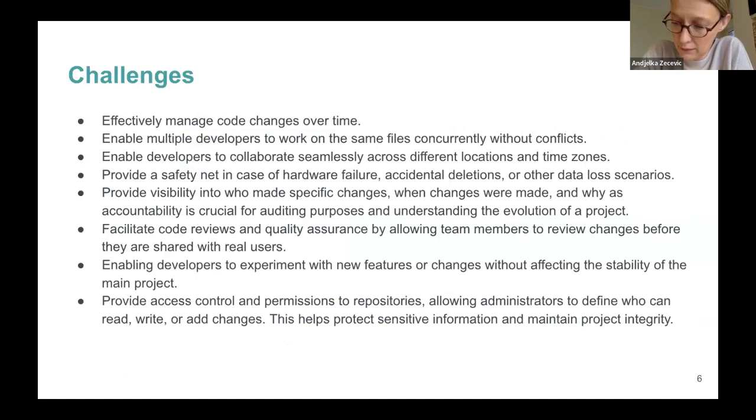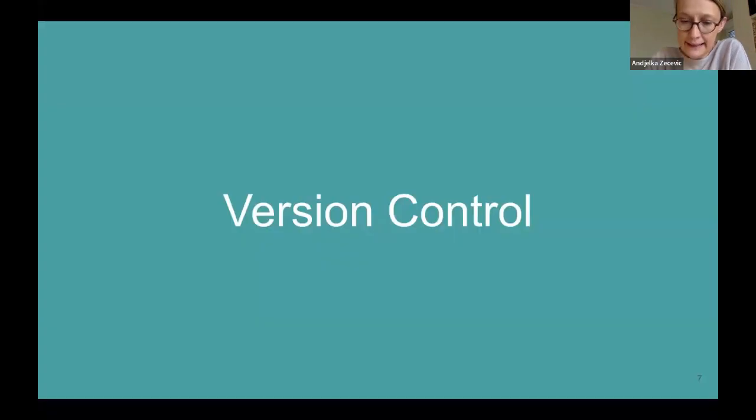And there are more challenges if the code gets bigger and if the team gets larger, and therefore we need tools and methodology that can support us in these ambitions, and that is the place for version control systems.